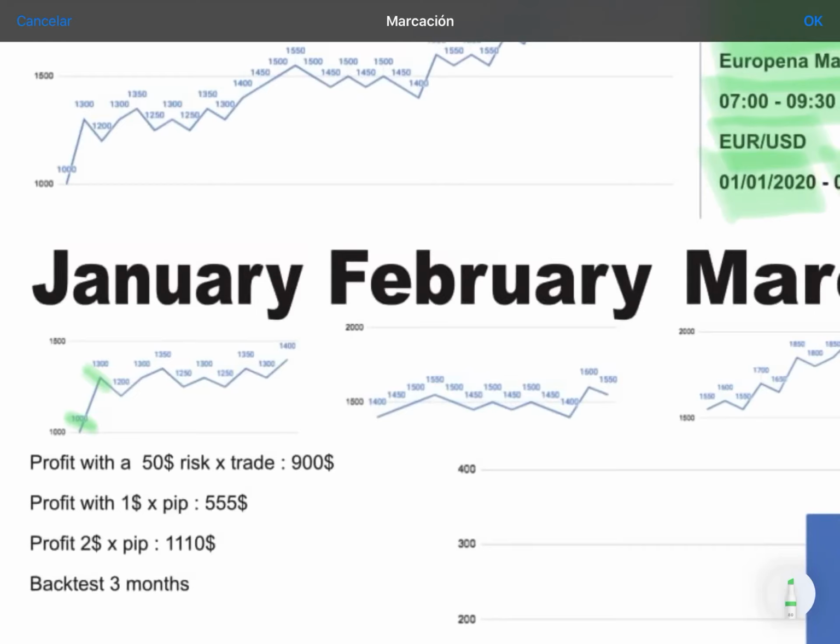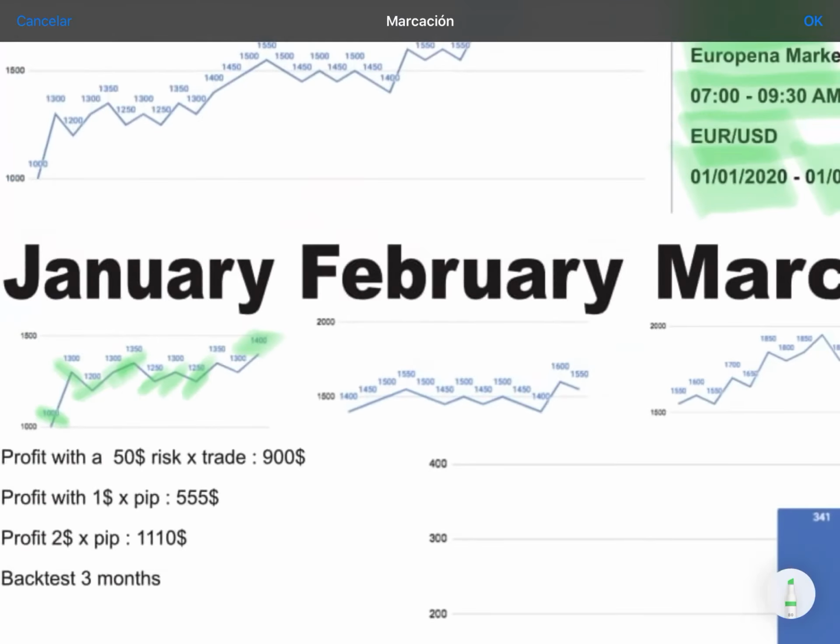Next we go down to 1,200, then 1,300 one more time, 1,350, 1,250, 1,300, and it goes on like this. We finish the month at $1,400. In January we made $400 with just an account of $1,000. So it was really, really great. Almost half of the account in just 1 month.